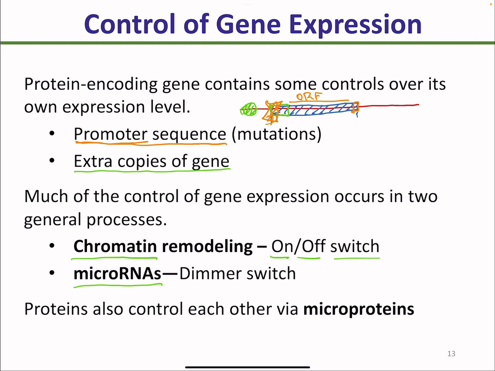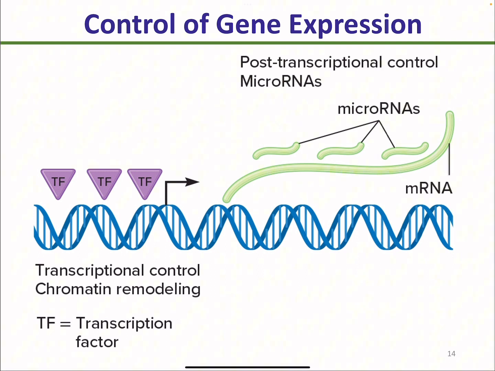And finally, you have small segments of proteins, what we call microproteins. These microproteins actually can bind on proteins or can bind on the gene so that the gene is not expressed or the protein is not active, right? There are many levels at which gene expression can be controlled.